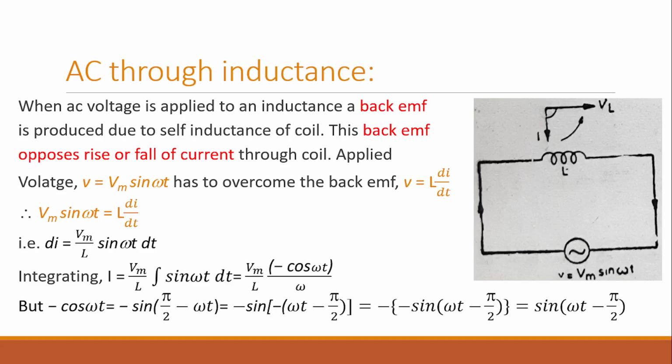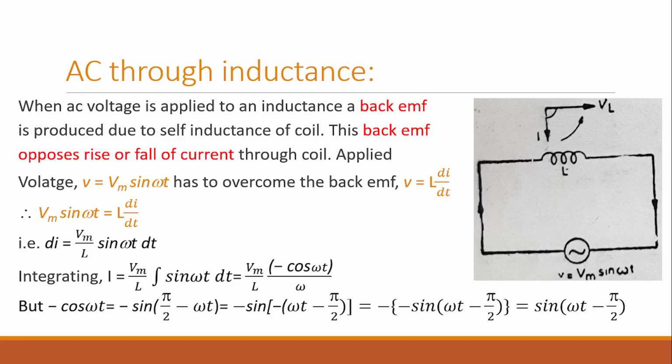From di we can obtain I simply by integrating. So after integrating, we find that Vm by L can be taken out of integration since it is independent of time. So in integration we have sin omega t dt only. What is integration of sin omega t? It is minus cos omega t upon omega.